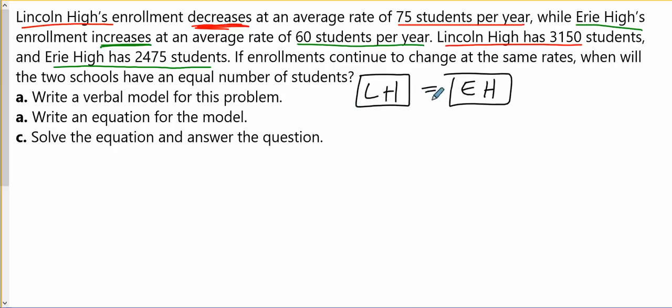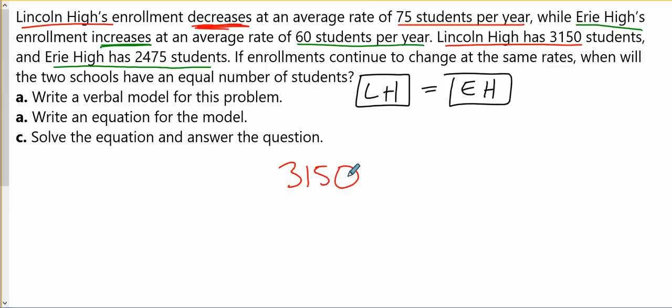So for the equation for this model, Lincoln High is at what right now? Lincoln High is at 3,150 students. And what's happening over at Lincoln High? Decreasing at a rate of 75 students per year. So how could I write that into an equation?